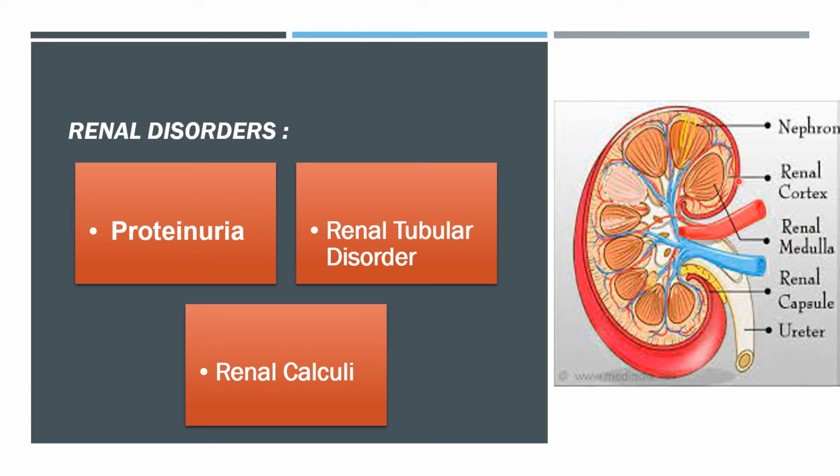This is the renal cortex, and this inner part is the renal medulla. This is the renal capsule, and this part is the ureter through which the urine leaves the kidney and leads to the bladder.